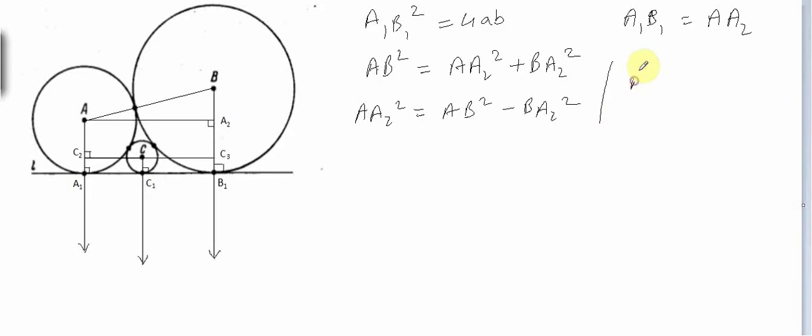Further, we notice that AB is equal to A plus B, and BA2, this length is equal to this length minus this length, that is B minus A.